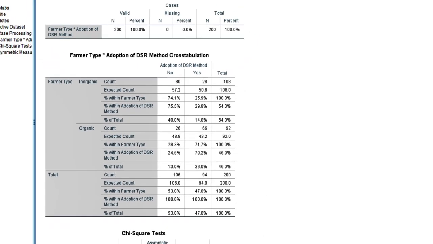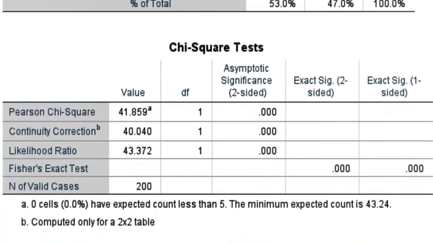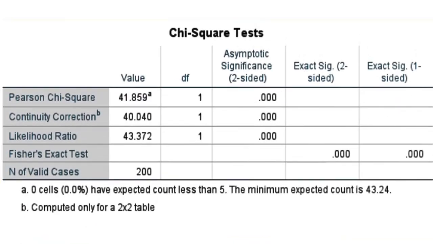Let me explain what a chi-square test is. A chi-square test of independence determines whether there is a statistically significant association between two categorical variables. Keep in mind, two categorical variables, and for a chi-square test, the total sample size must be at least 50.